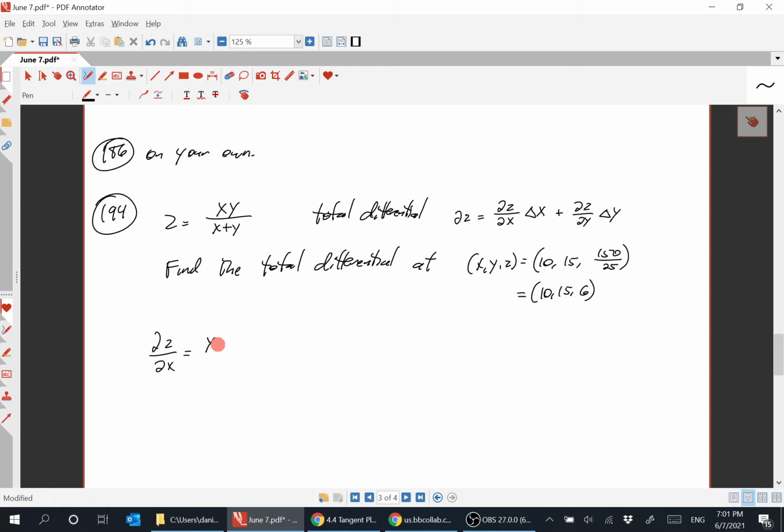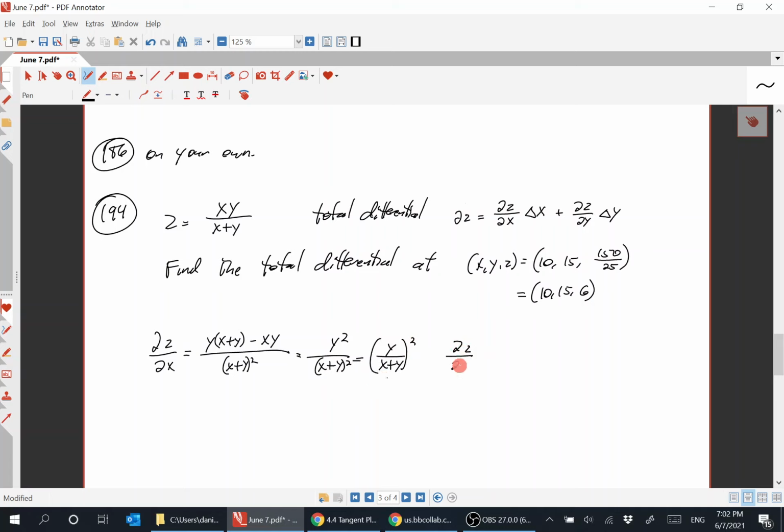Y times the bottom minus the derivative of the bottom, which is 1 plus 0, it's just 1, times the top, all over the bottom squared. So we have xy minus xy, so it's y squared over (x plus y) quantity squared. All right, so y over x plus y, that whole thing there, squared.